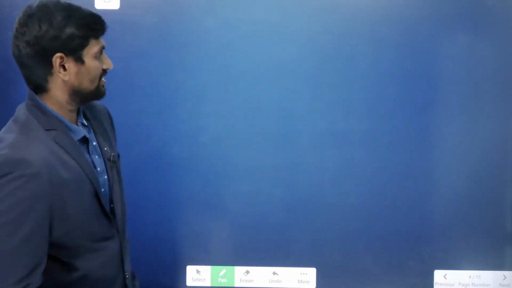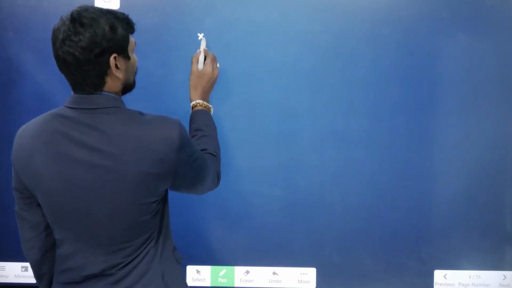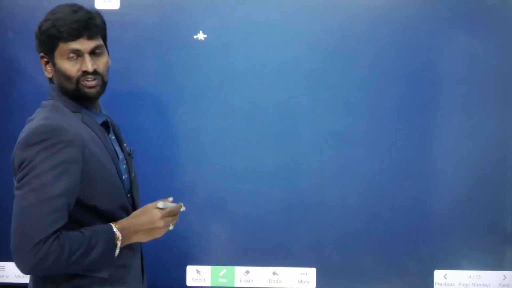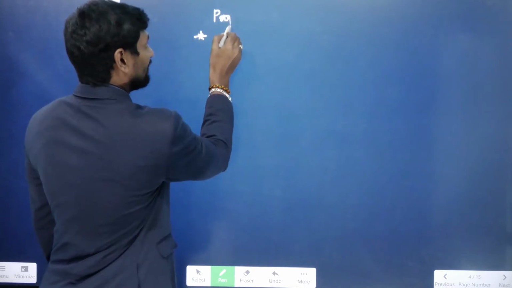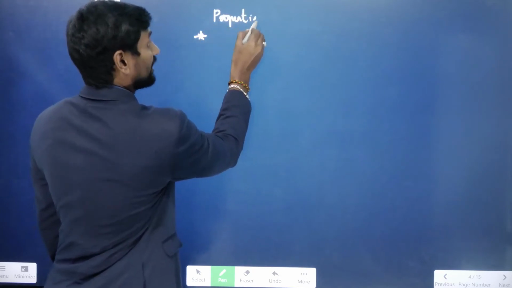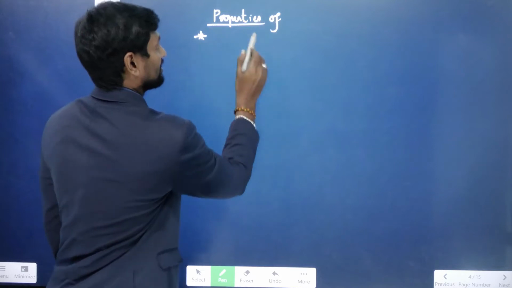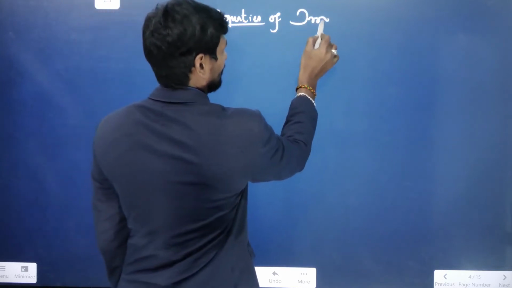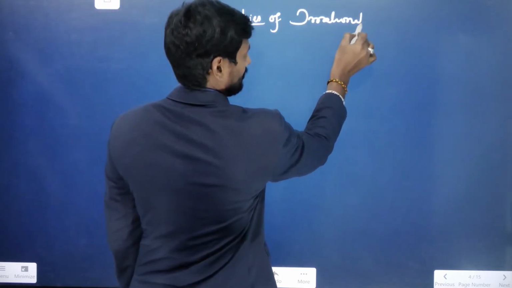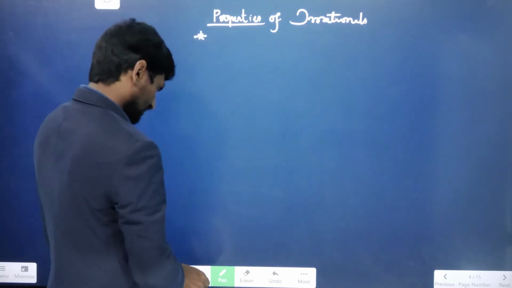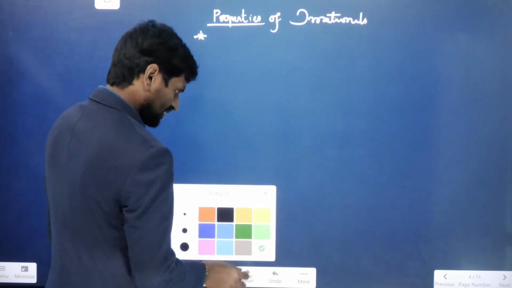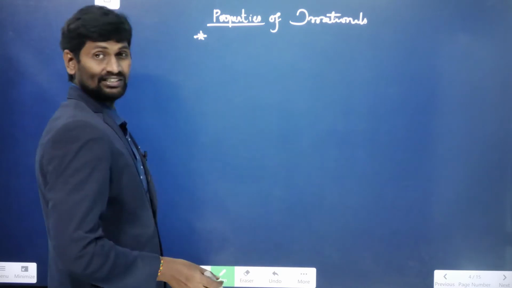So let us see this. Properties of irrational numbers, very, very important properties of irrationals. Before discussing the properties, let us see this.